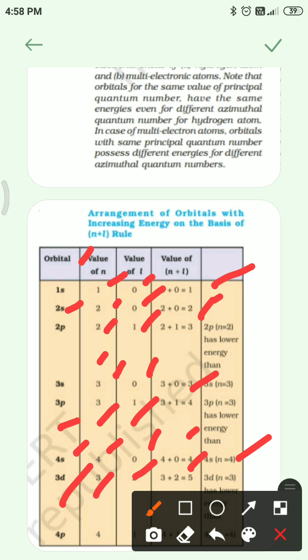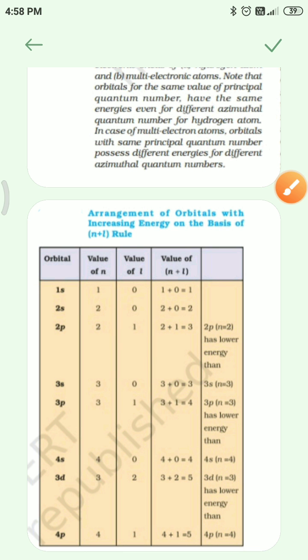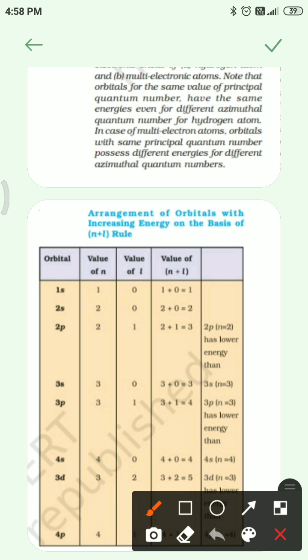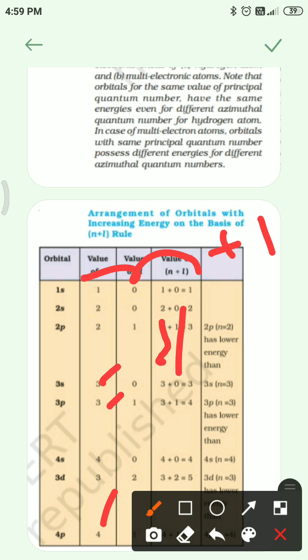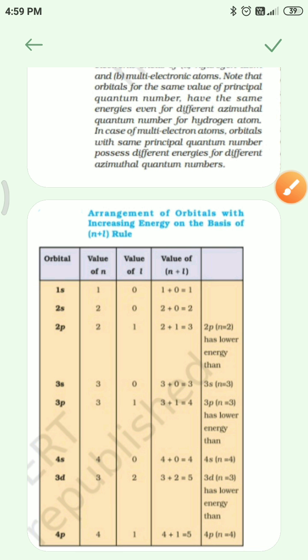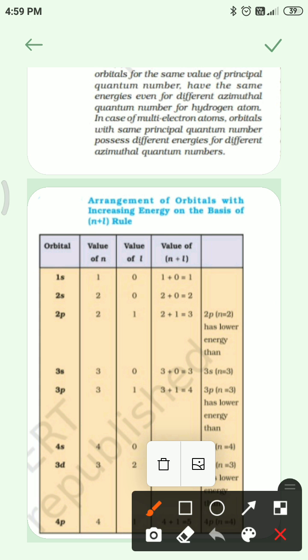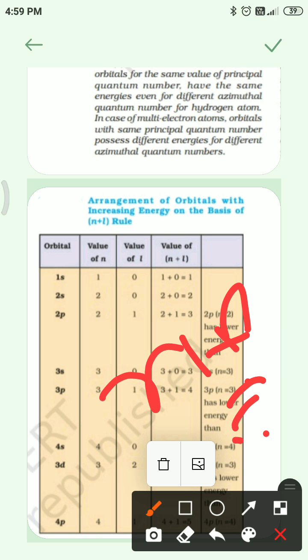Here 3d, with n equal to 3, has lower energy than 4p, with n equal to 4. For 4p, n is 4 and l is 1, so n plus l is equal to 5.